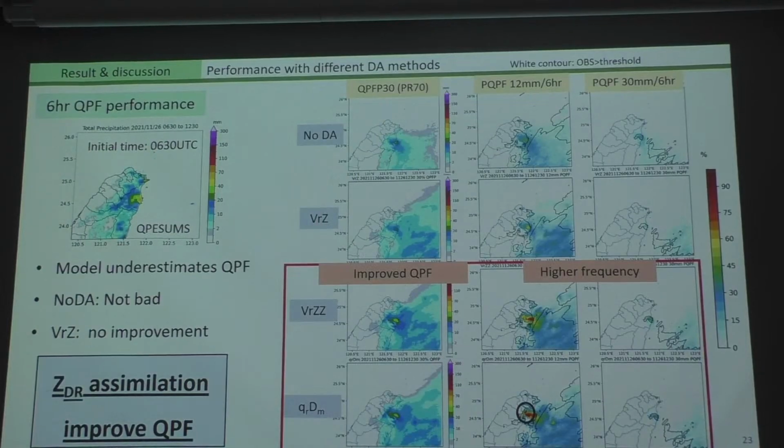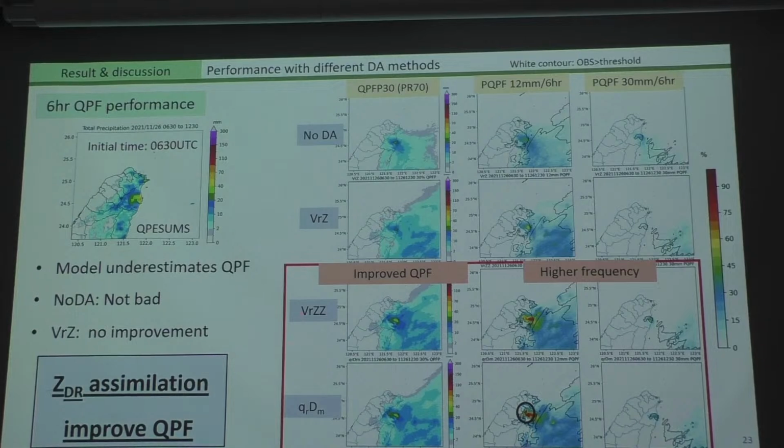The result shows that when we use the new algorithm, in this example, without data assimilation you can already capture the precipitation; the forecast is already relatively good. So what if we go further and assimilate the dual-pol parameters?